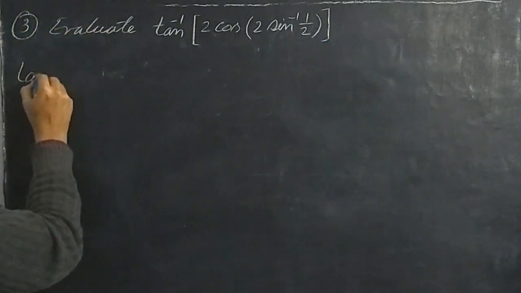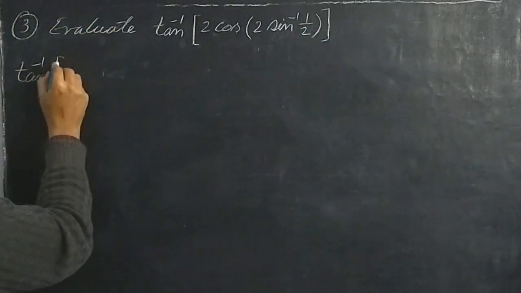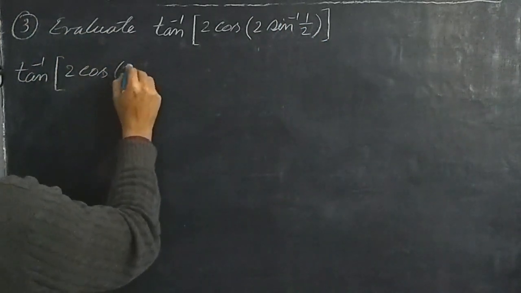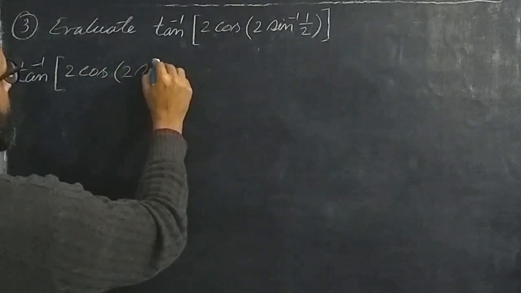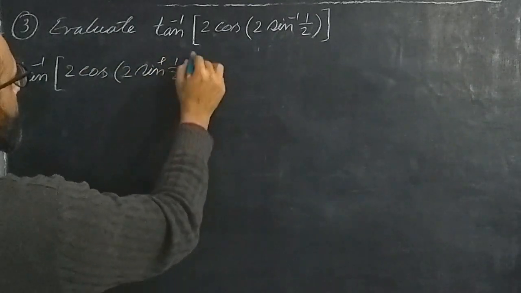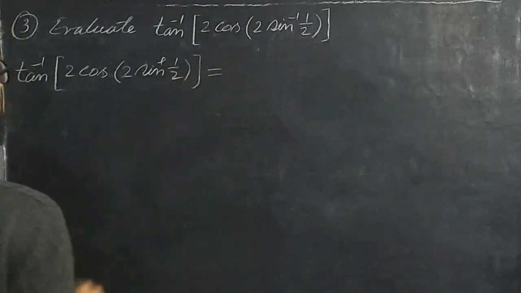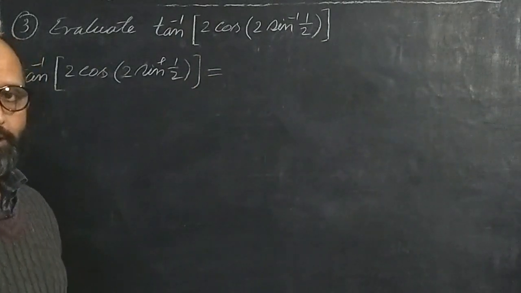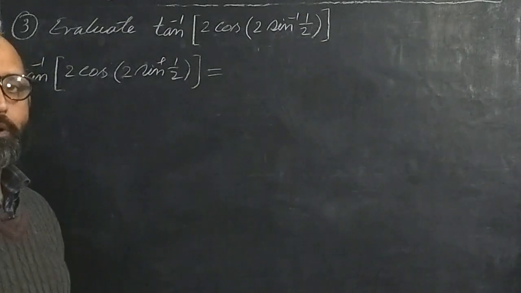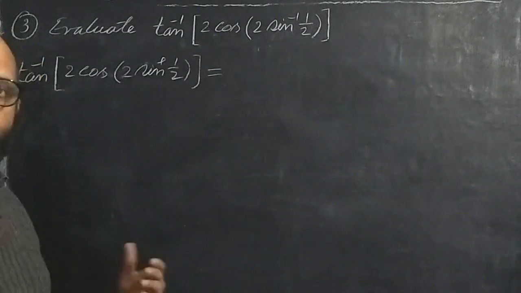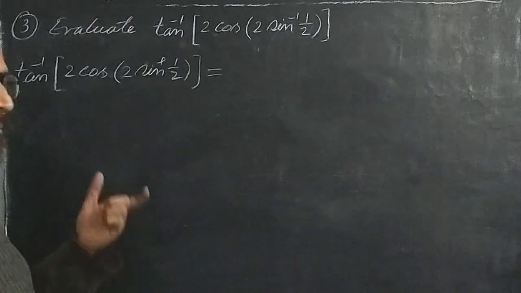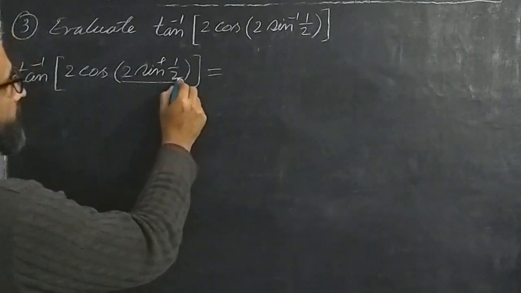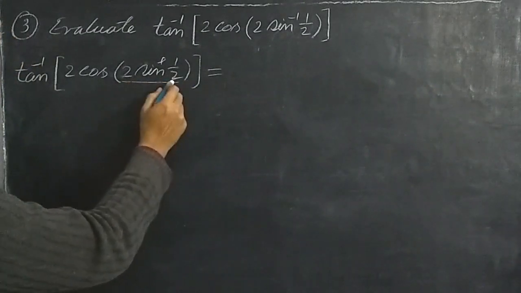So first we write the given expression as it is, tan inverse 2 cos 2 sine inverse half is equal to, and when there are more than one brackets in an expression, always remember we need to start the calculations or simplification from the innermost bracket. So we have to start simplification from here.